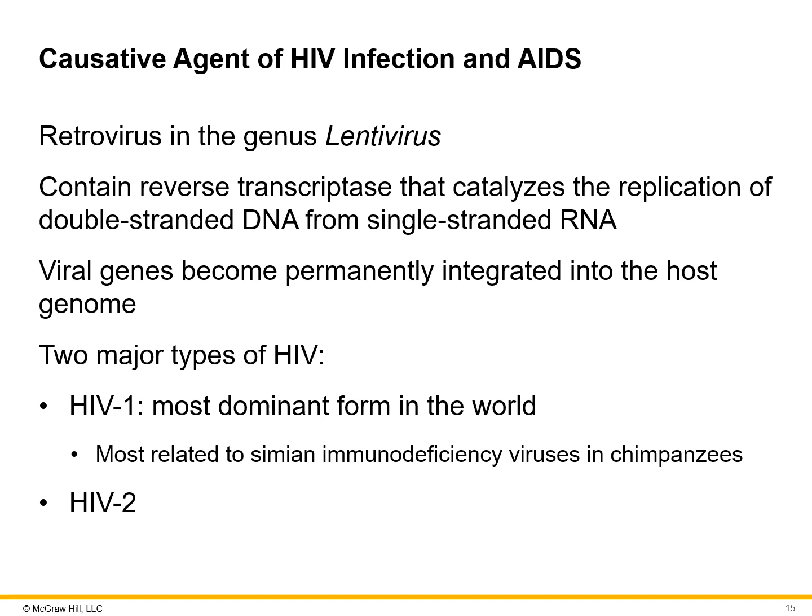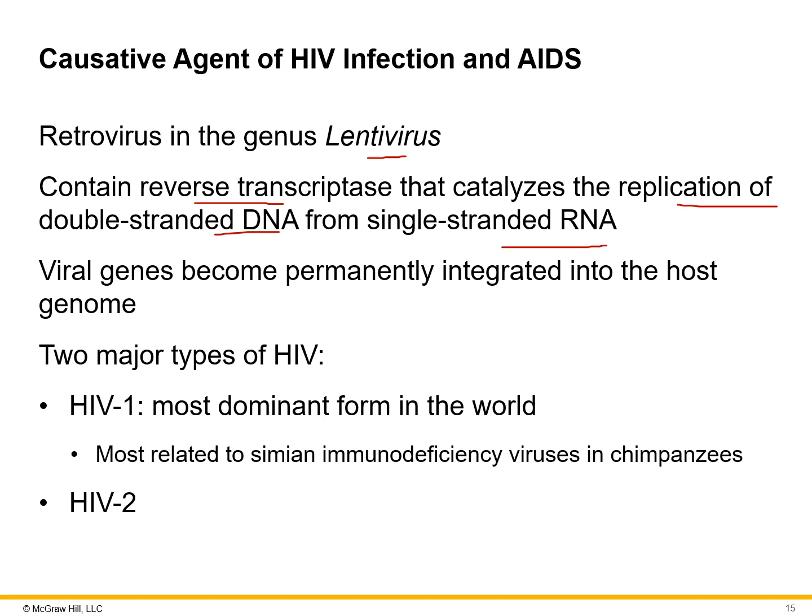Now the causative agents. The retrovirus genus is called lentivirus. Again, this is a reverse or retrovirus, so the virus needs to contain what's called reverse transcriptase. This allows replication of DNA from RNA.